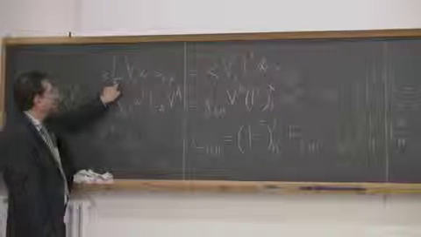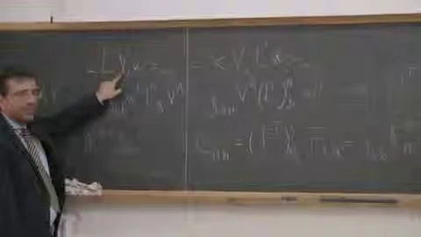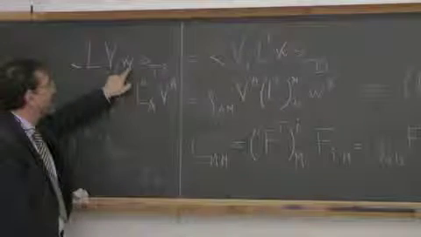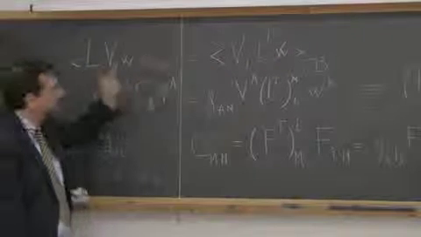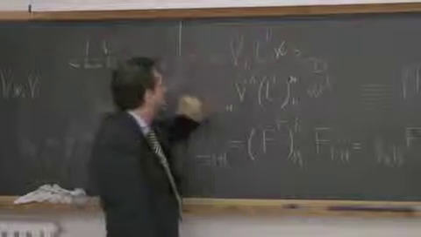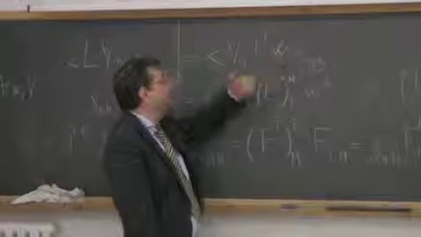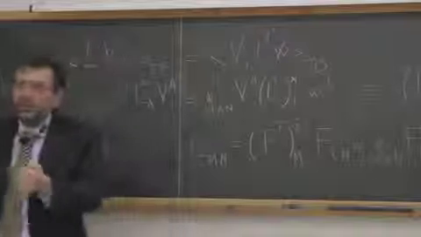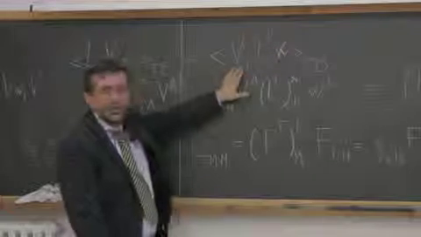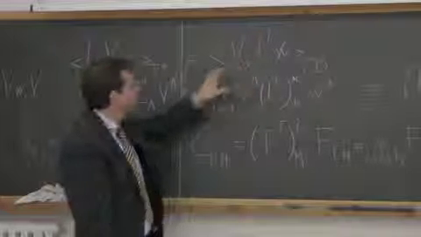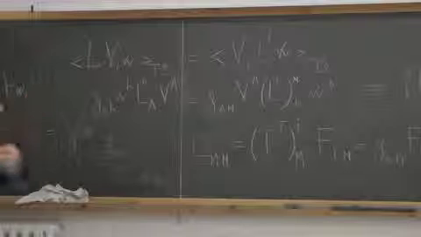You first calculate the image of the vector capital V. Then you calculate the inner product in the space, Eulerian space. Or you calculate the image of the transposed of small w, and then you calculate the inner product with capital V. So this formula makes it explicit.